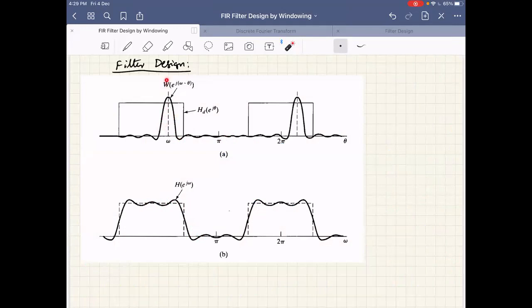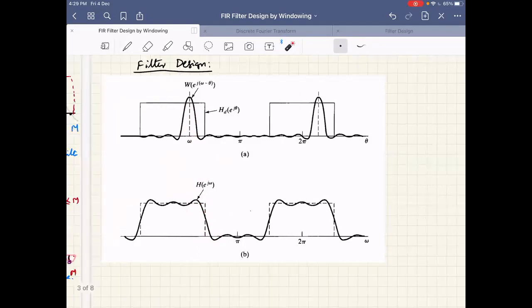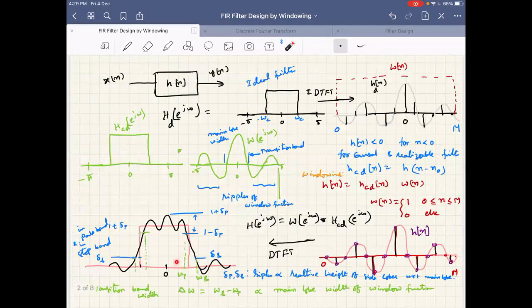If this is too narrow, then what will happen? We very sharply fall off from pass band to stop band. Whereas if this is wider, we slowly transit from the pass band to the stop band, and hence the transition bandwidth. The pass band is up to where the magnitude of the frequency response is greater than 1 minus delta p.